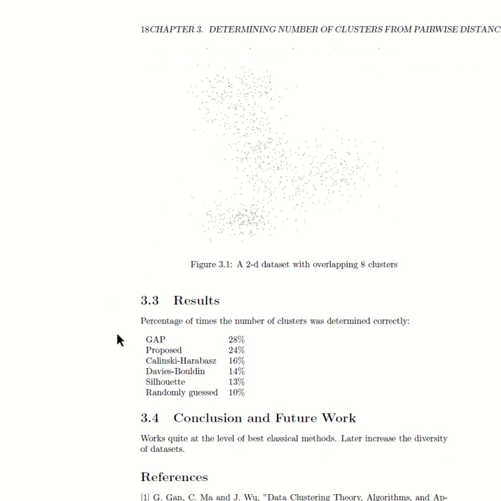And here are the results. Percentage of times the number of clusters was determined correctly. This proposed method, this neural network method, came second almost the same as the best, and clearly better than the others here. And we can conclude that it works quite at the level of best classical methods.